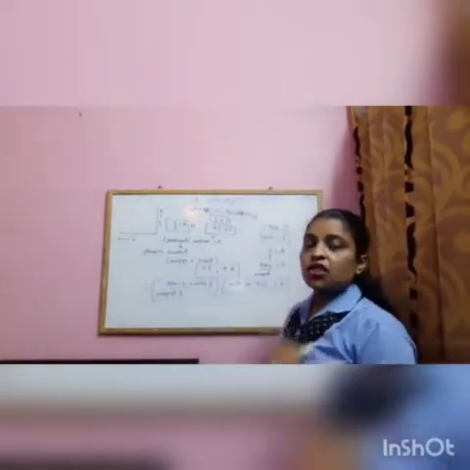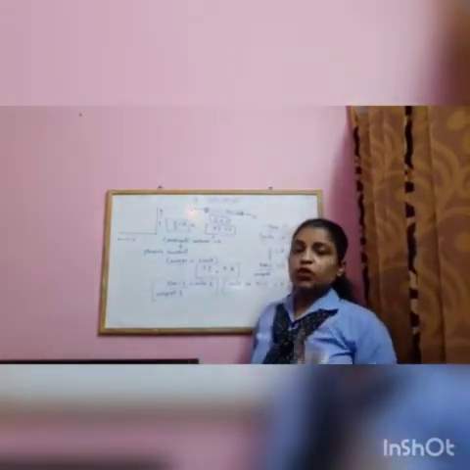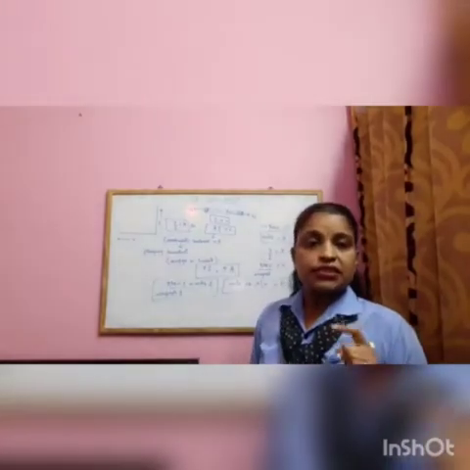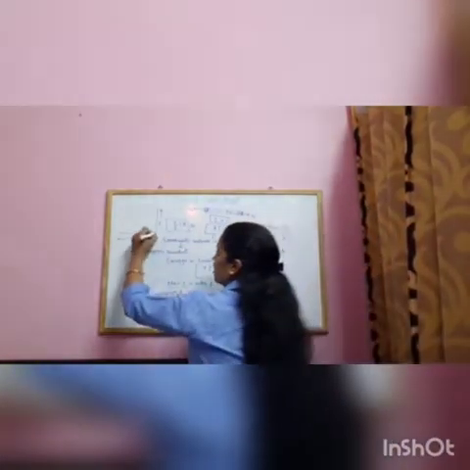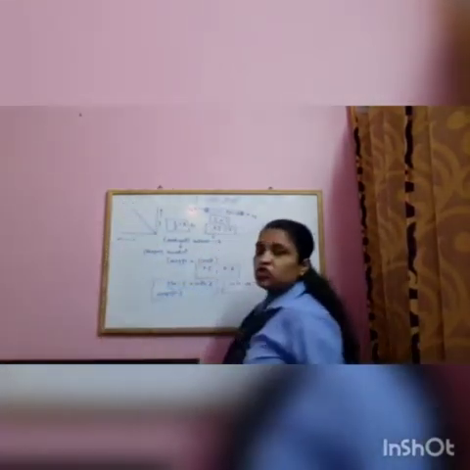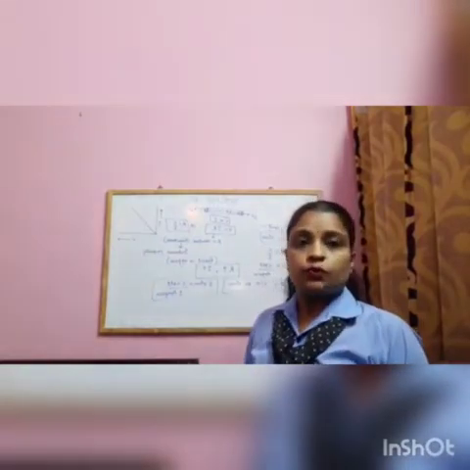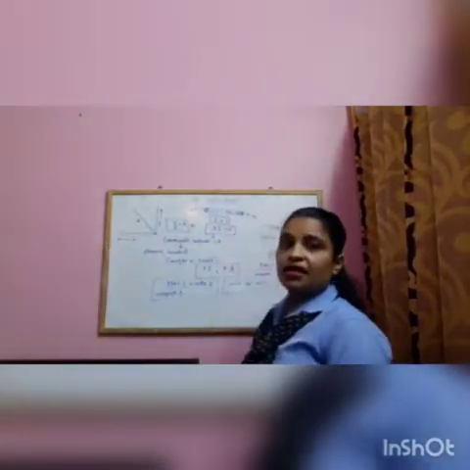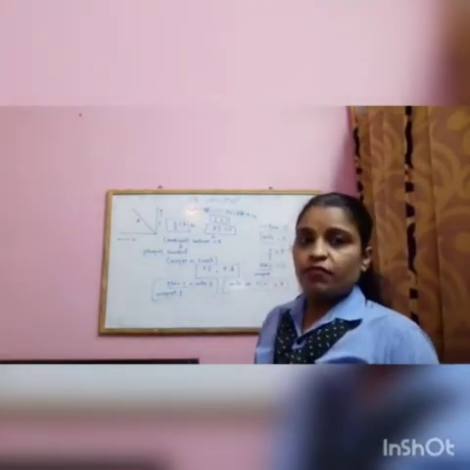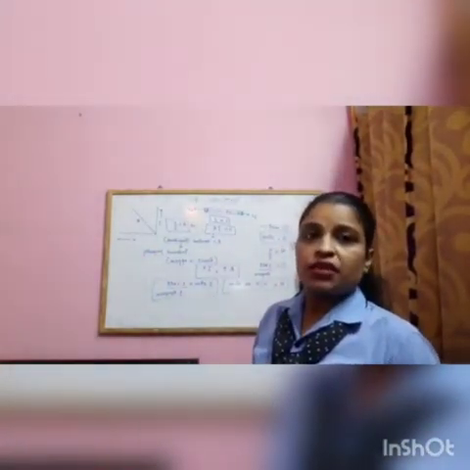In such a case, through mathematics, we know the graph comes as a straight line. The graph between V and I turns out to be a straight line, and its slope is represented by R.